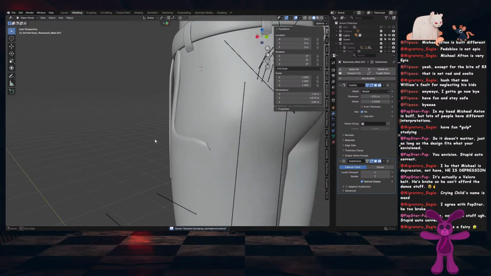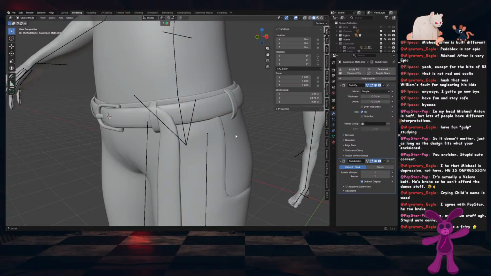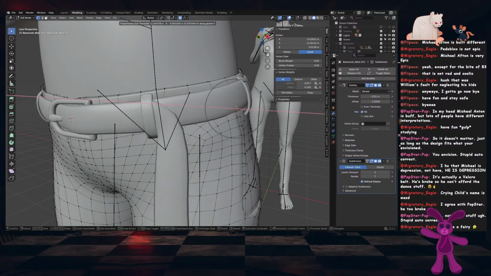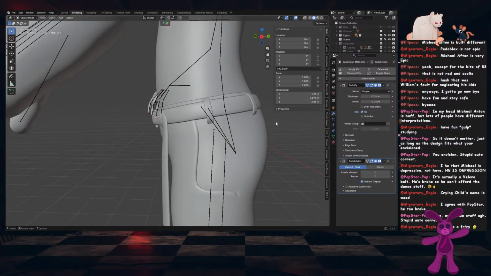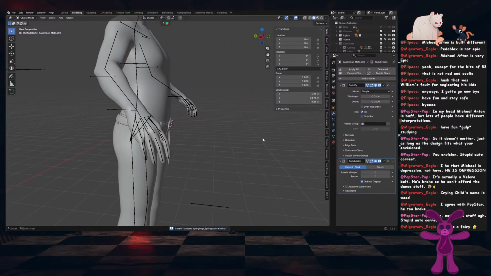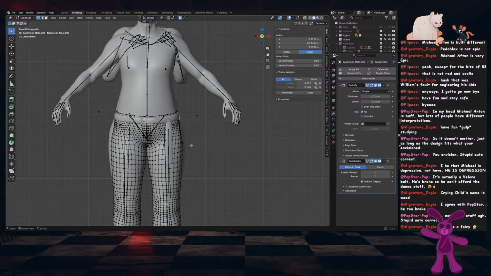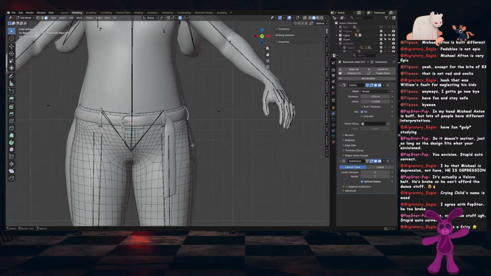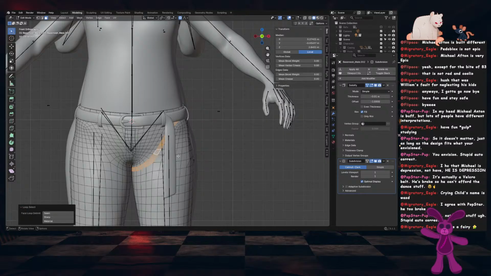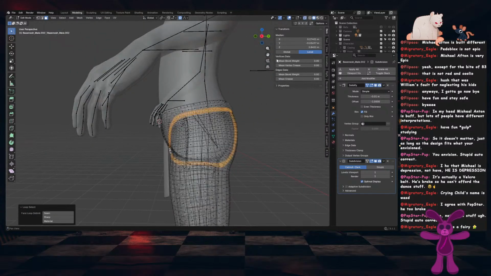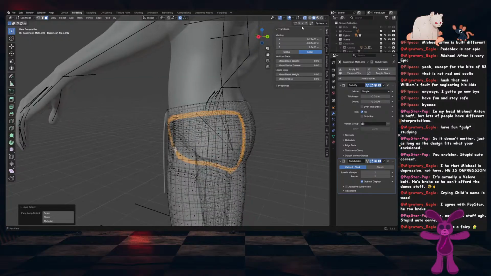I hate to break it to you guys, but I don't know how to model clothes. And now there's only one pocket because I forgot that this was like this. Urgh!